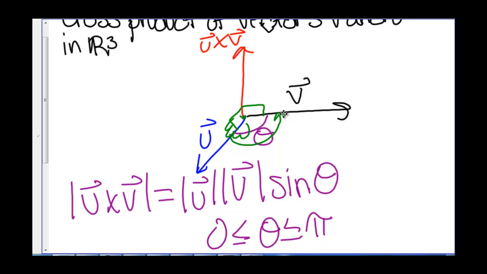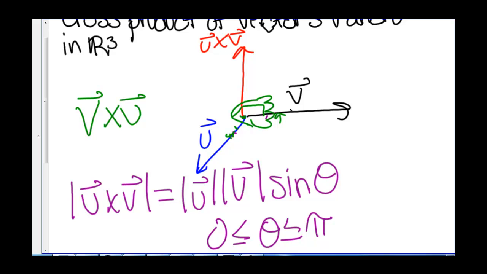So if you try that, you should have your thumb pointing up. On the other hand, if you look at v cross u, you would have your hand starting at v and curling around to u, which means that your thumb would be pointing down.